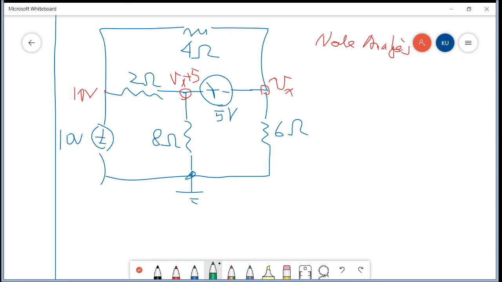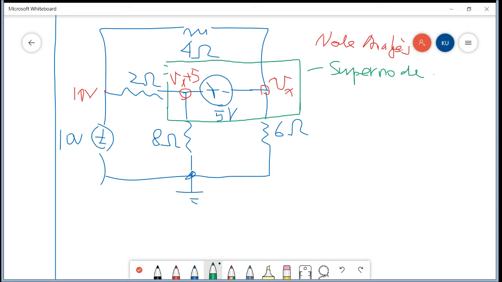So actually we can regard this adjacent node as the supernode. This is the supernode. And we'll try to write the node equation according to this supernode.